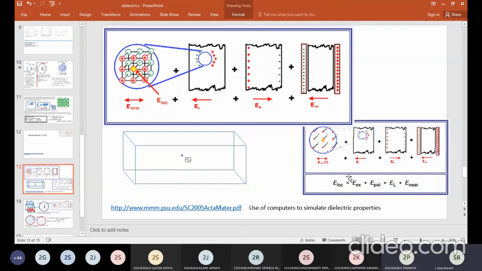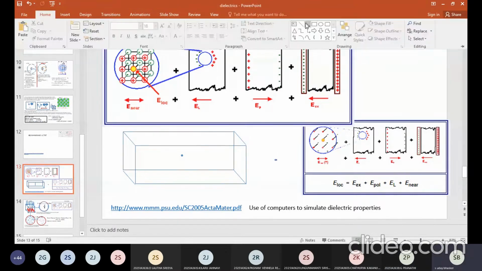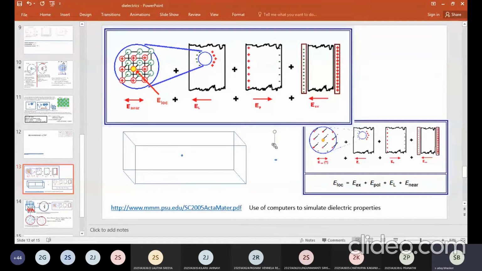If this point is outside the dielectric and I'm applying an electric field E, then the electric field at this particular point will be E. Yes or no? Yes. Whatever applied field you have, that will be the electric field at that particular point.